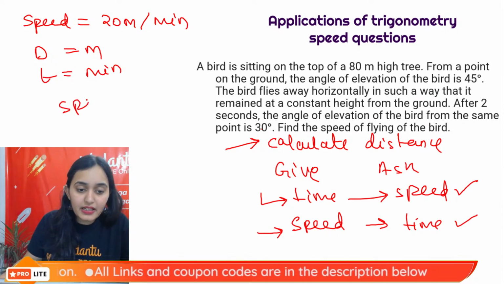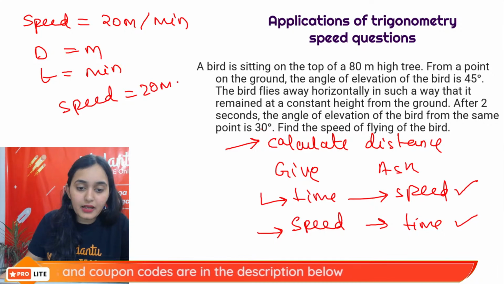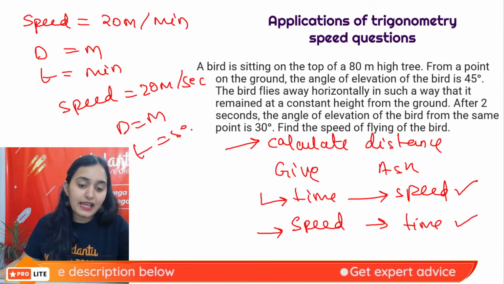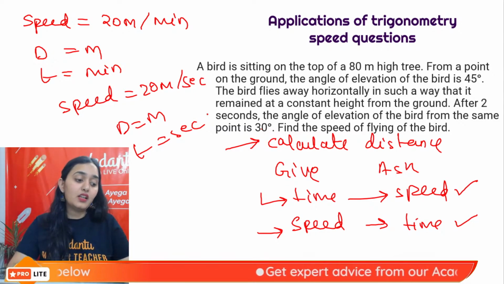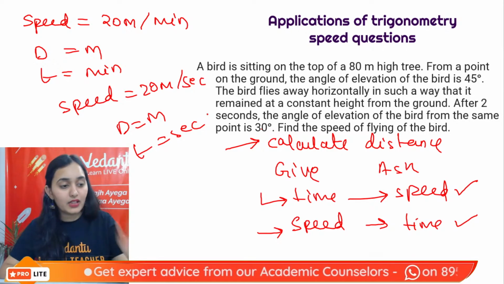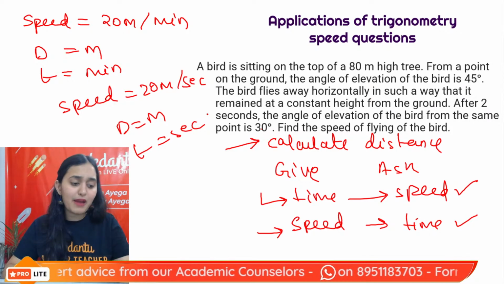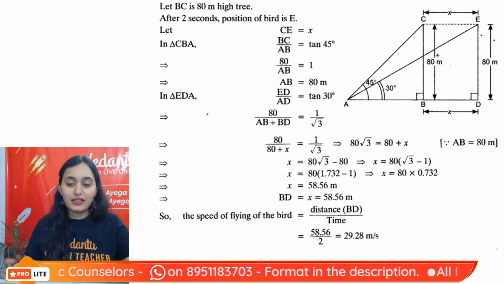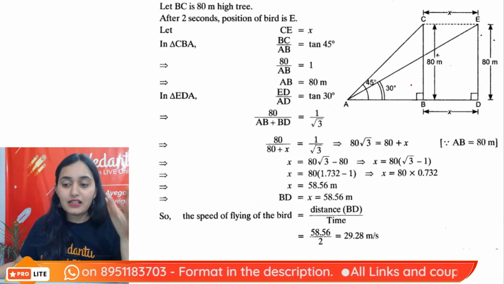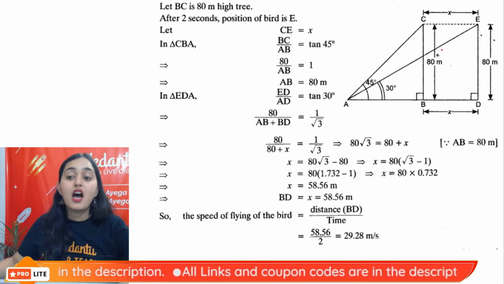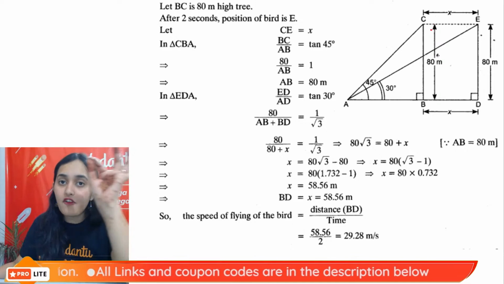If your speed is 20 meter per second, then your distance is in meters, your time will be in seconds. It depends on what is given in the question. It does not matter whether you take meter or minute or kilometer, whatever. You just have to take the same units. That's all. For example, in this question, this is such an easy question. See, in this question, they have given you the height, they have given you the angle of elevation. They are just asking you the speed of the bird.